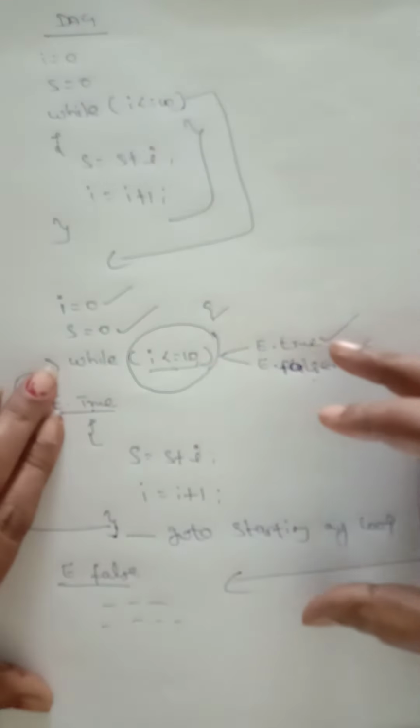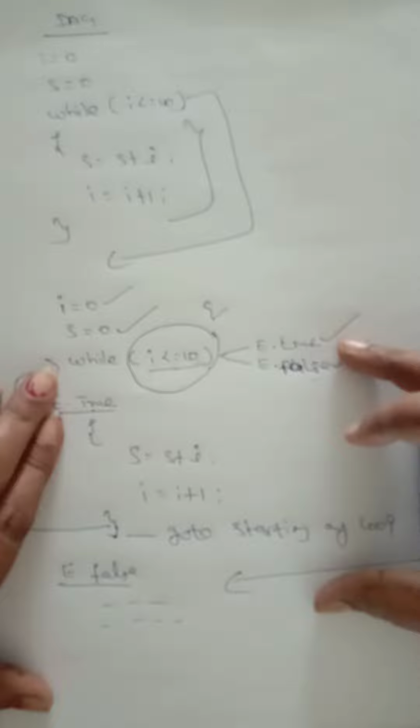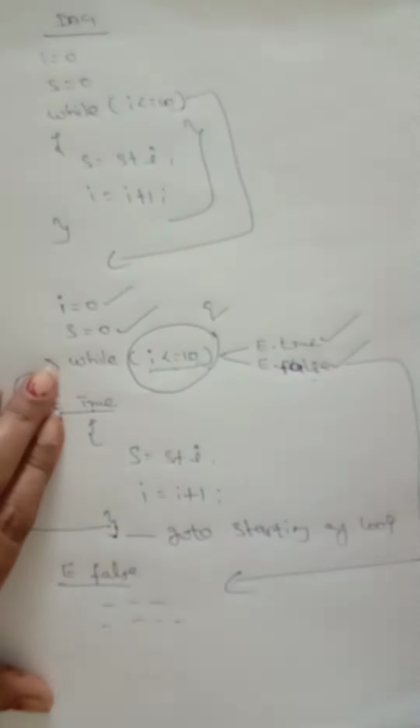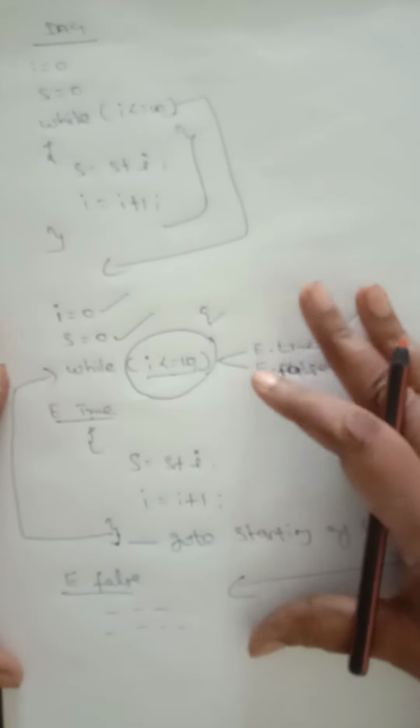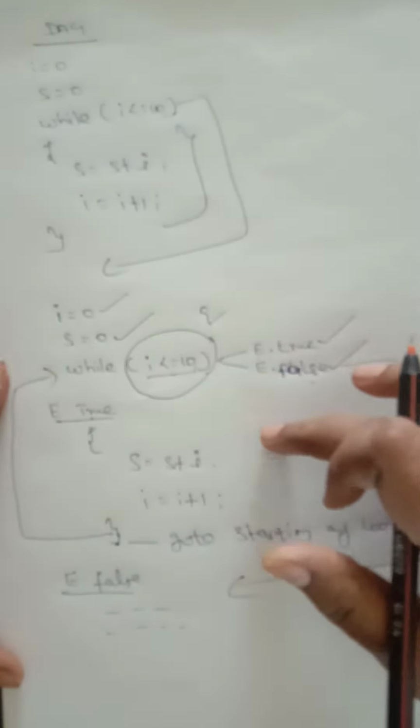So this is the normal procedure for writing the 3-address code for a looping statement. This is called the syntax directed definition.